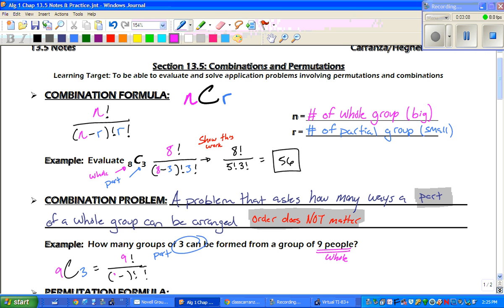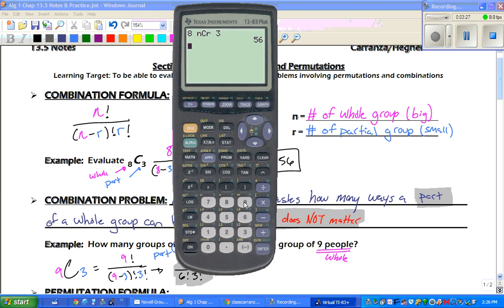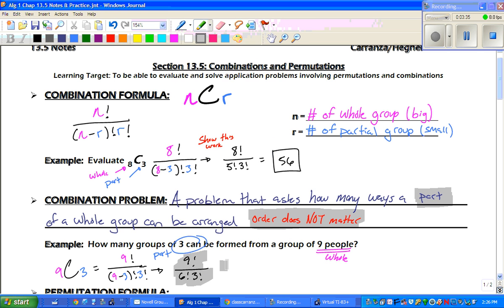So 9 comes on the top, 9 minus 3 over 3. And if you can do that first part in your head, oh, 9 minus 3, that's 6, you can skip right to that. That's fine with me. If you can get that, great. And then we're doing 9C3, and our total, there would be 84 different ways to do that.